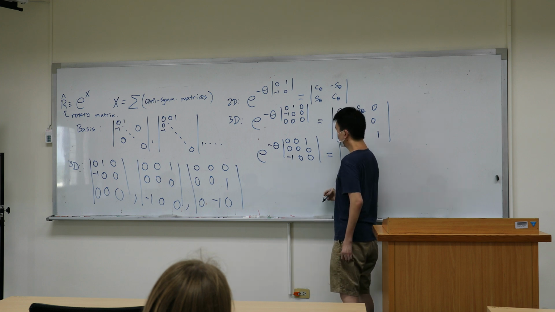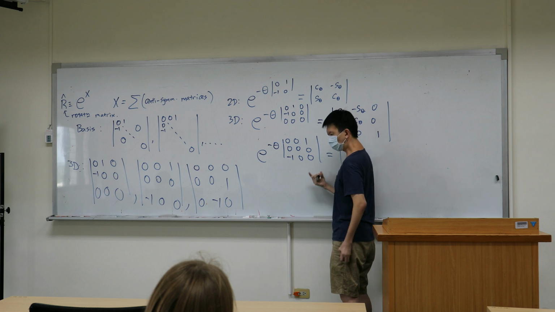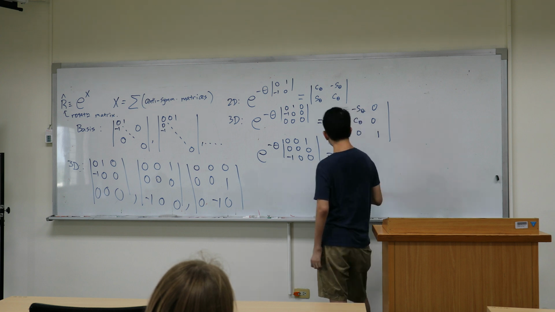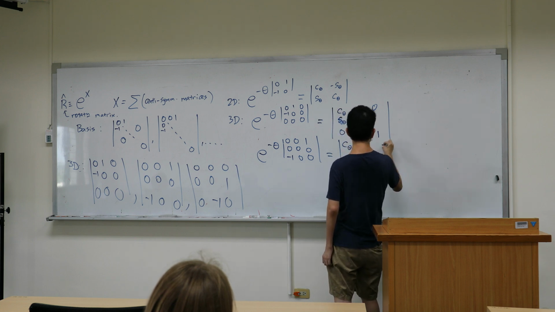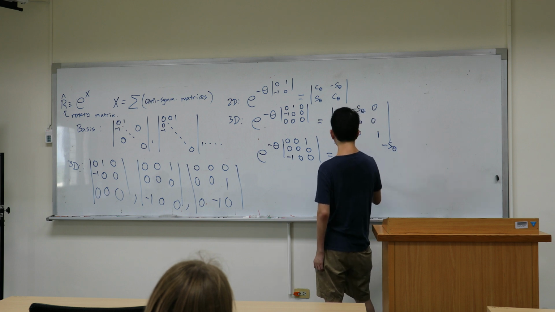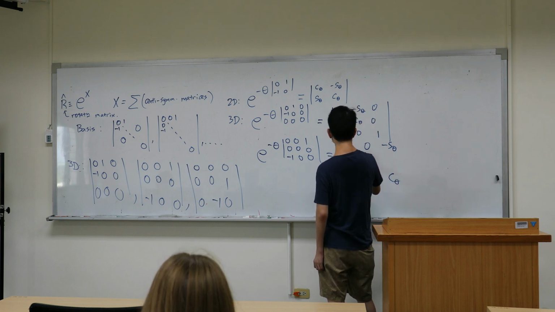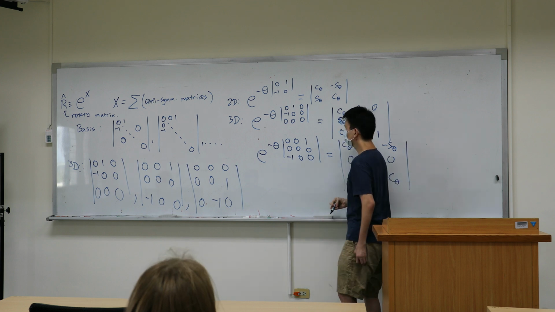What this linear operator is doing is mixing the 1st and the 3rd coordinates. So the first row and the third row, 0, 0, 0, 0, 0. That's what's going to happen.